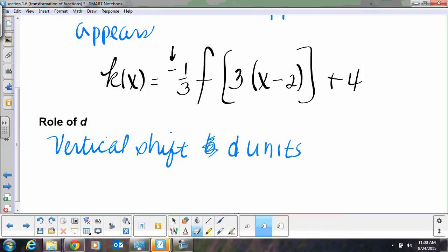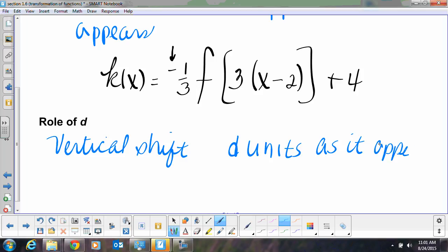All right, and it's going to be as it appears. As it appears. So Rachel, what's happening? What does this plus 4 do? Up 4, exactly.